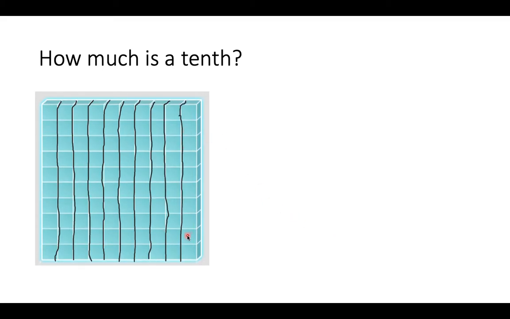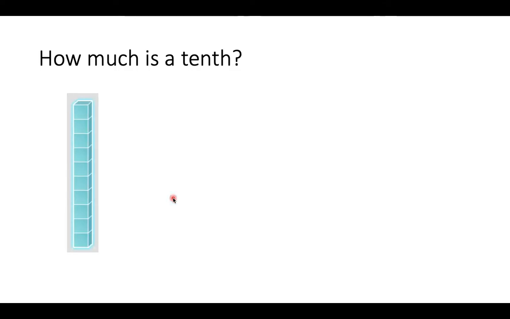I know they aren't straight. I did my best. Forgive me. But there are 10 sections, and each one of these has 10 little squares. So I divided this 100 into 10 pieces. So each section is 10. And it would look like this if I cut one off. Now we have a 10, right? So we started in 100, and now we're down to a 10.